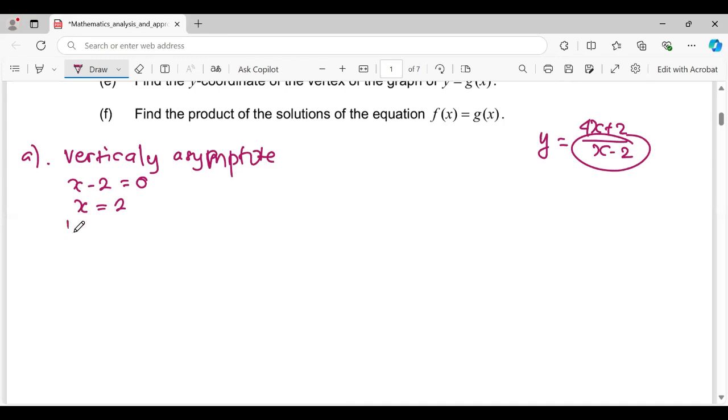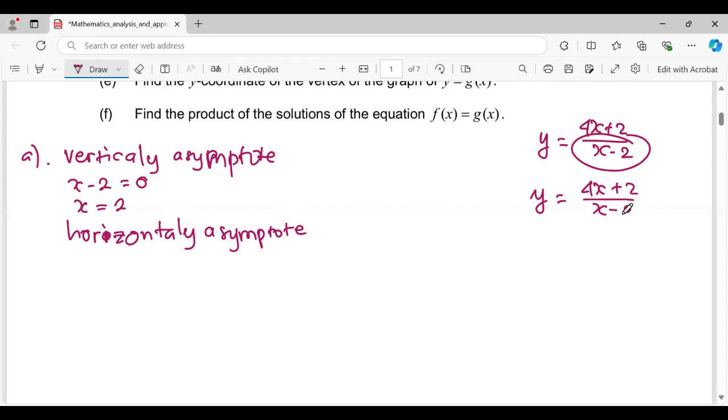And the next step, the horizontal asymptote. For the horizontal asymptote, just compare leading terms. The function y equals (4x plus 2) over (x minus 2).